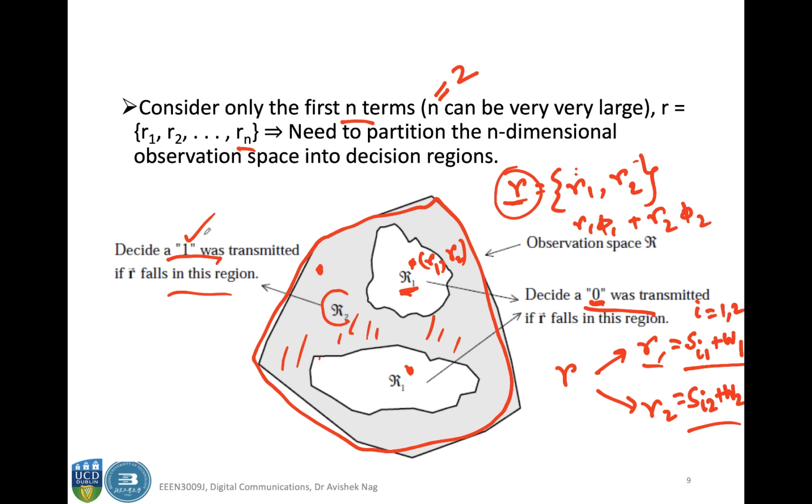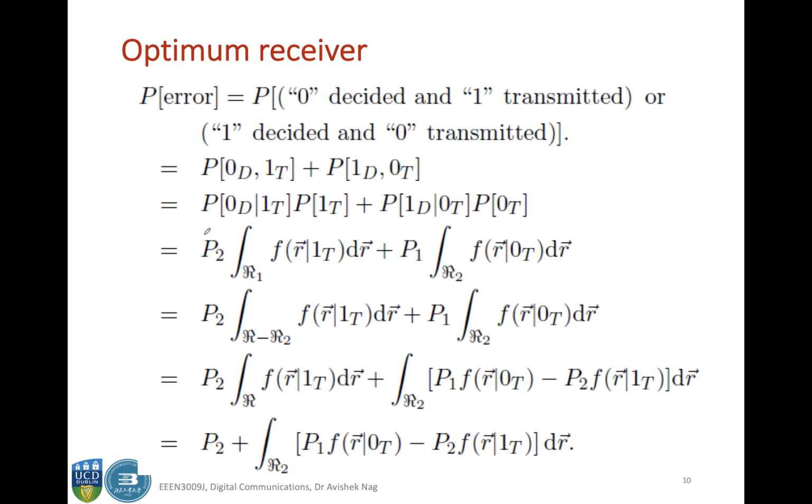Now, extending this concept, if I want to calculate the probability of error, what will we do? Your probability of error is that you decide a 0 but actually a 1 was transmitted, or you decide a 1 but actually 0 was transmitted. These are the two different ways you can have an error.